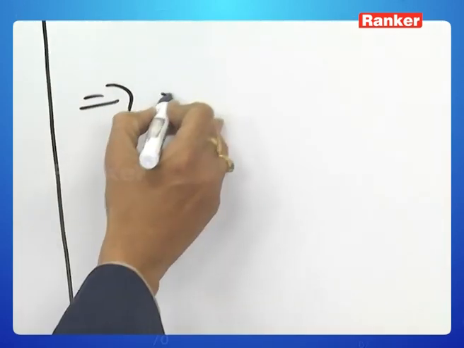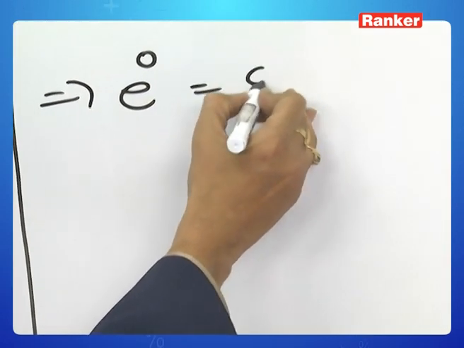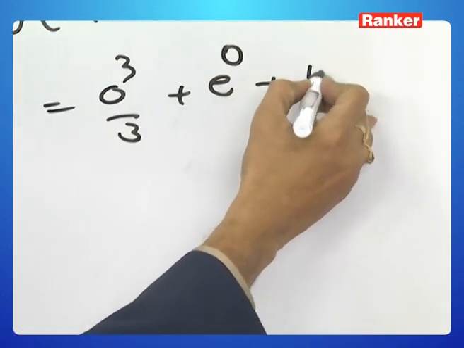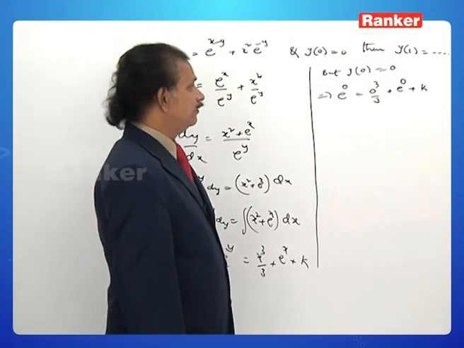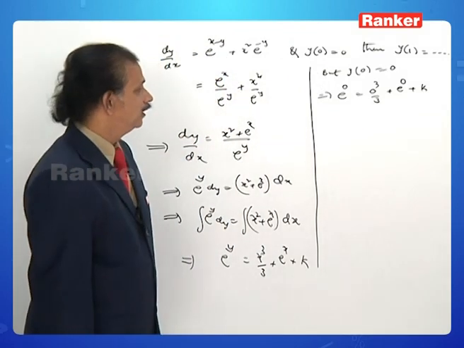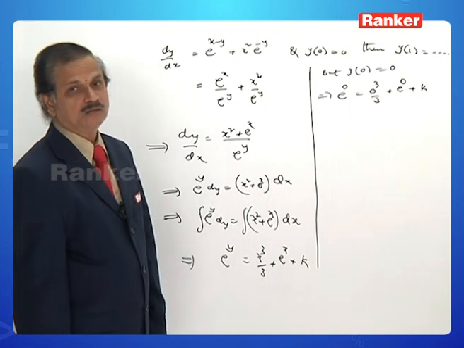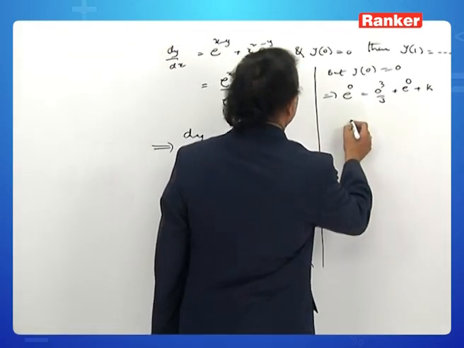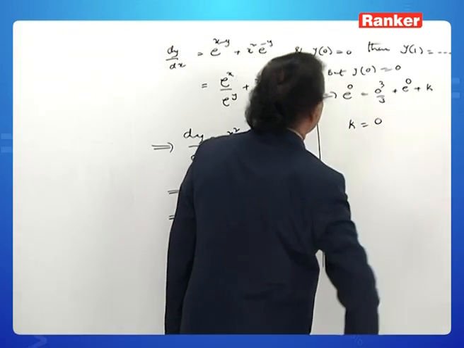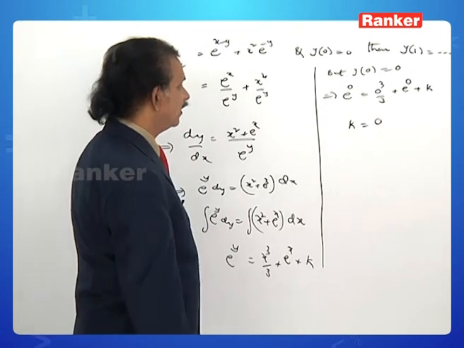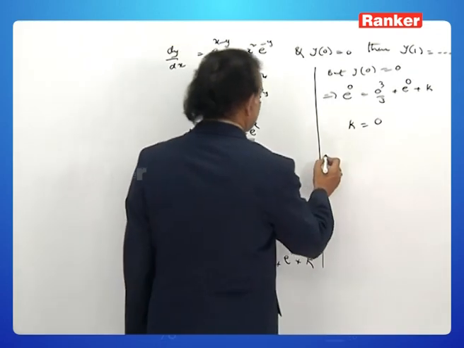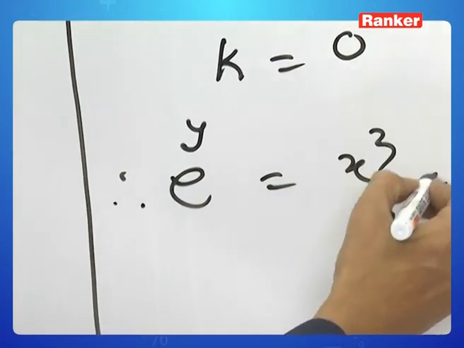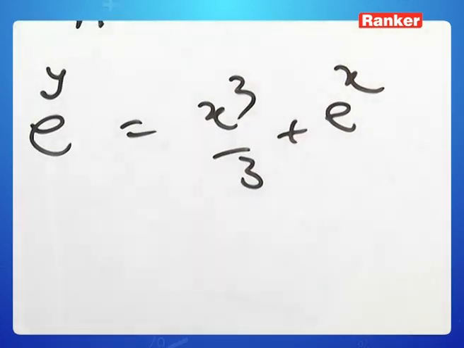Therefore, e power 0 is equal to 0 cube by 3 plus e power 0 plus k. 0 by 3 is 0, e power 0 is 1, e power 0 is 1, 1 and 1 will go away, leaving k is equal to 0. So k is equal to 0. Hence, e power y is equal to x cube by 3 plus e power x only.